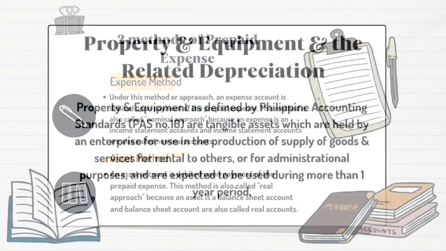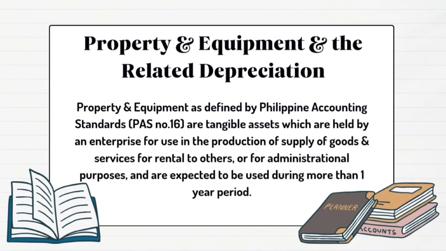The third type of the adjusting entry is the property and equipment and the related depreciation. Property and equipment as defined by Philippine Accounting Standards or the PAS number 16 are tangible assets which are held by an enterprise for use in the production of supply of goods and services for rental to others, or for administrational purposes and are expected to be used during more than 1 year period.